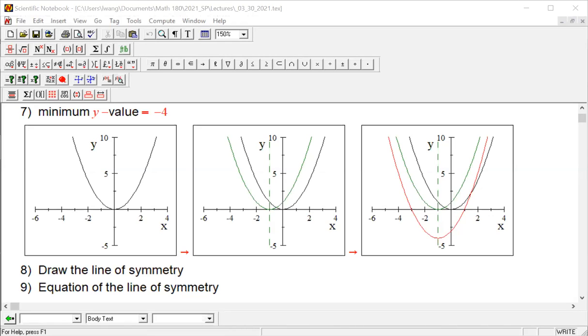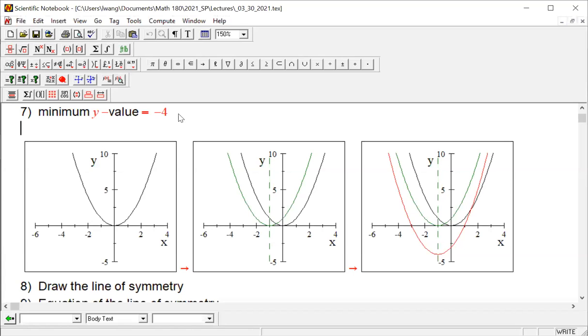What is the equation of this line of symmetry? The original x squared has a line of symmetry.